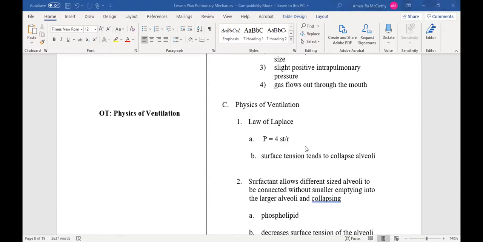What's happening? When you have a large alveoli and it touches or is collateral ventilating with a smaller alveoli, if this is done without the presence of surfactant, the smaller alveoli will be collapsed, just like the raindrop.